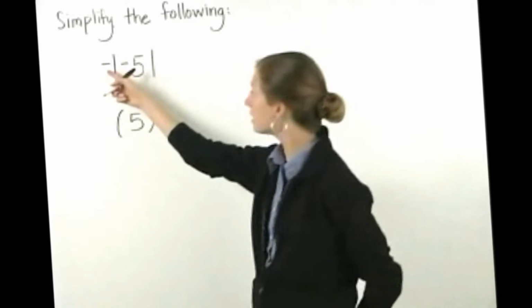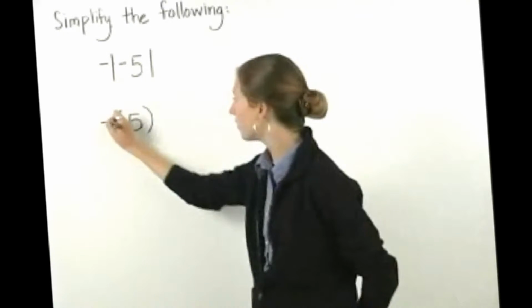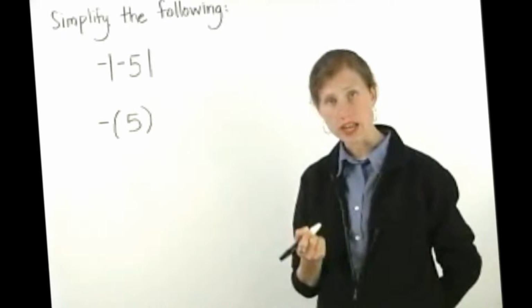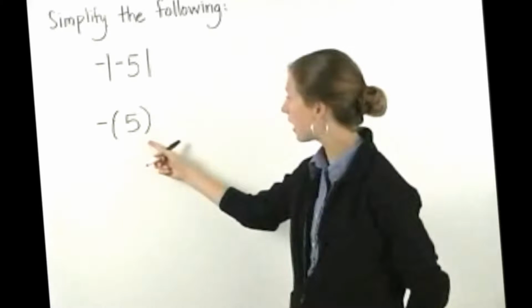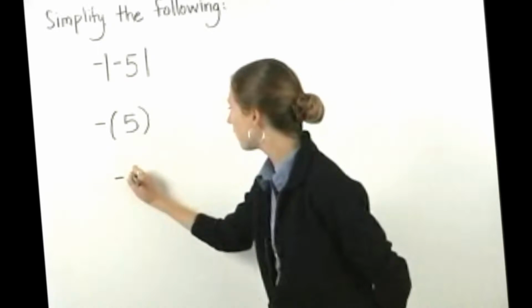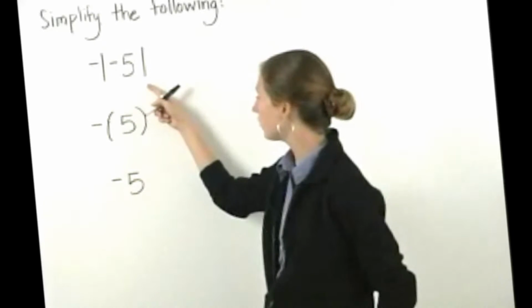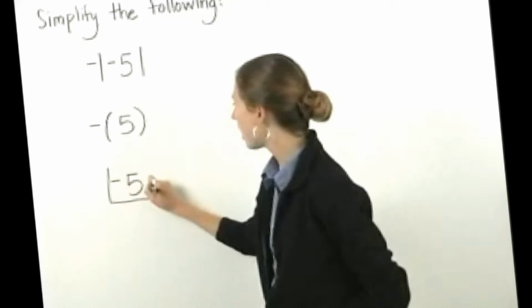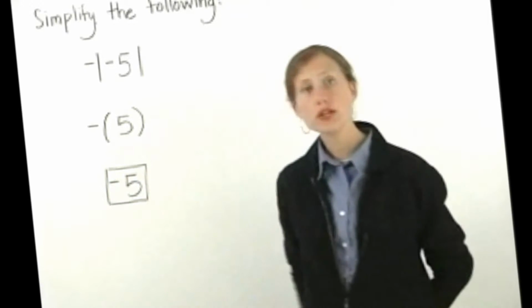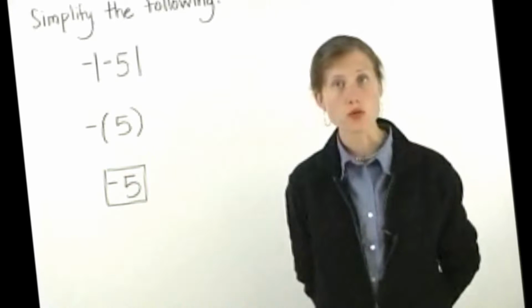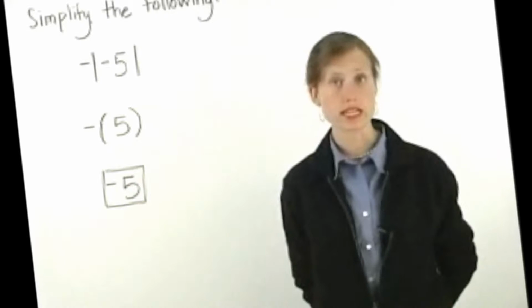Next, we bring down the negative from outside the absolute value. So we have negative parentheses 5, which is -5. So the negative absolute value of -5 is -5. If you need a review of absolute value, go back to section 1C in this chapter.